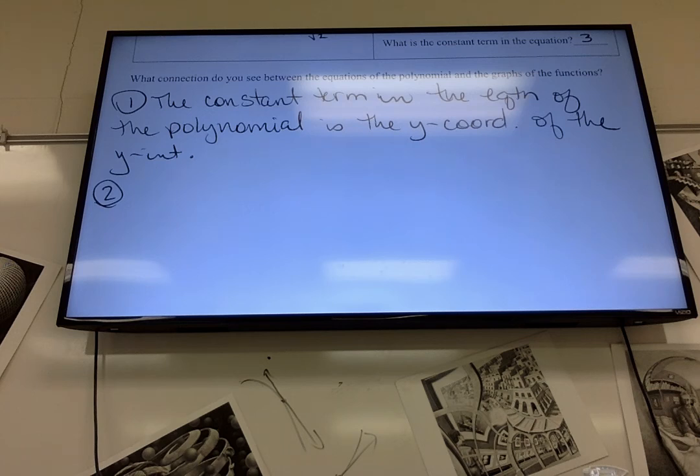Then this is something we didn't talk about. The degree, which is the highest exponent in the problem.